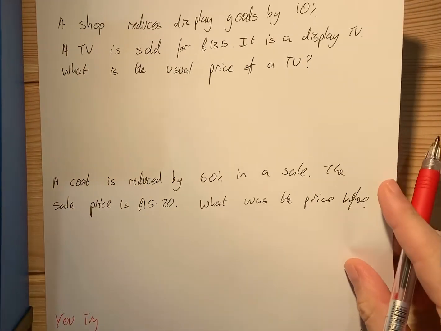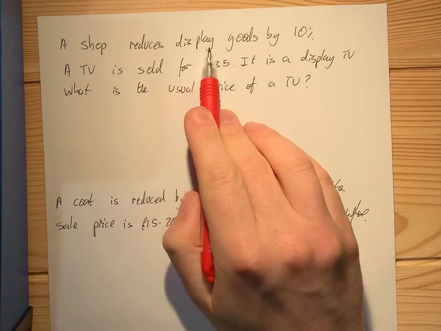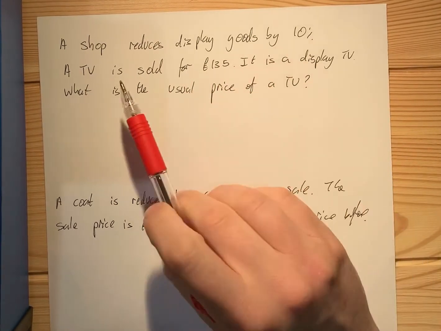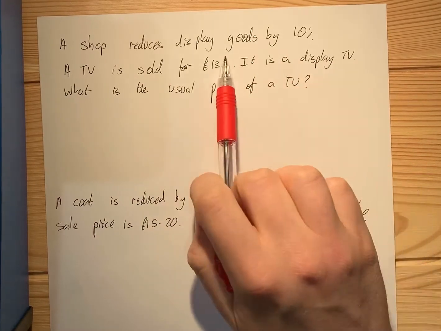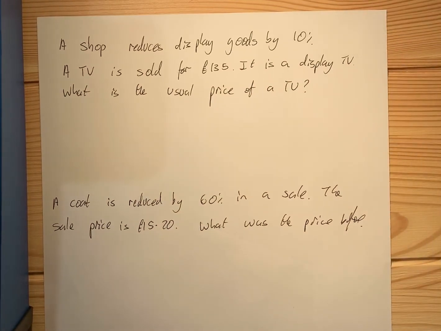Okay, a shop reduces display goods by 10%. A TV is sold for 135. It's a display TV, so that's one that you might see in the window of the shop, so you might get it a bit cheaper. What is the usual price of the TV?